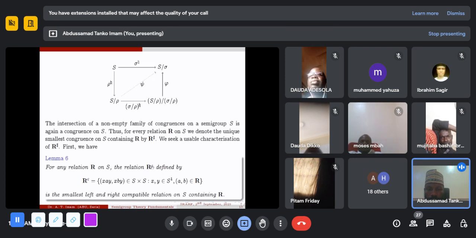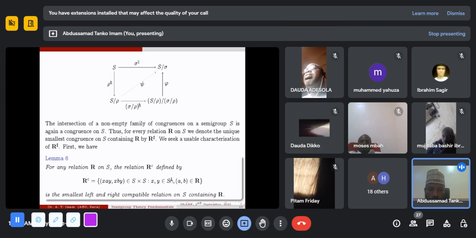The relation R^c is now defined to be the set of all pairs (xay, xby). So it's also a relation on the semigroup, such that x and y are elements of the semigroup with identity adjoined if necessary, and a, b are related under the given relation. So for any pair in R, you sandwich the pair with common elements of the semigroup with identity if necessary, and then you form R^c.